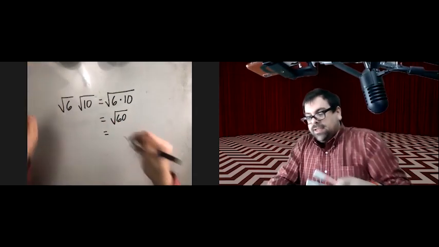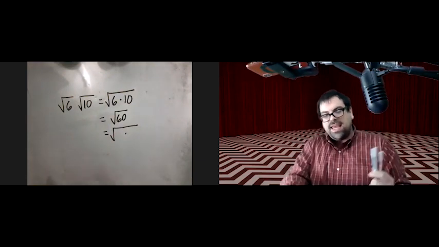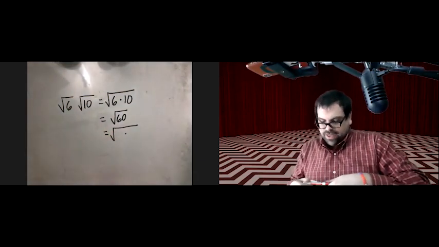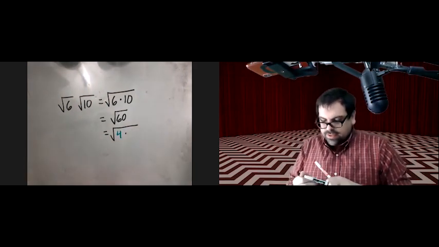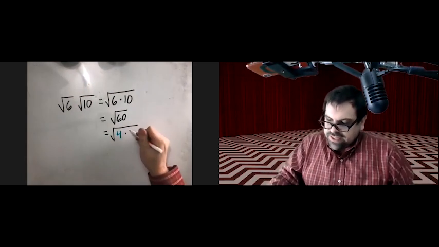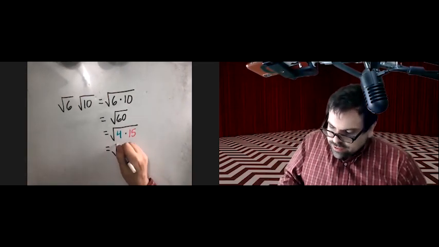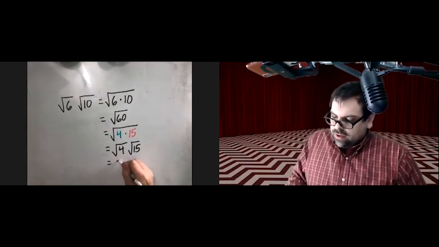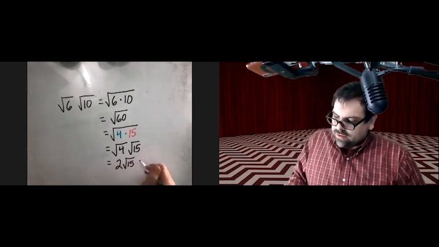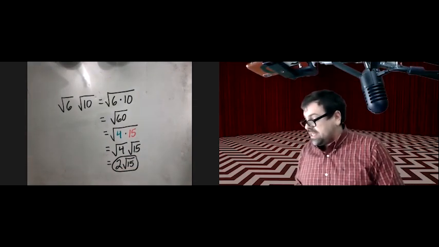And 60, while 6 and 10 might not have been able to be simplified, 60 is 4 times 15. So radical 4 times radical 15 gives us an answer of 2 radical 15.